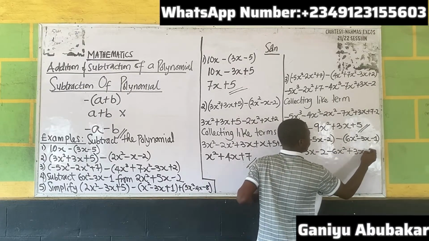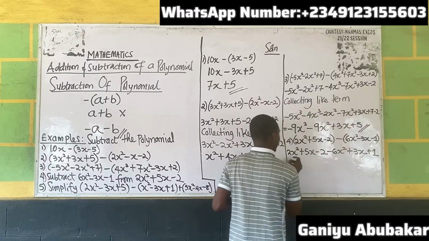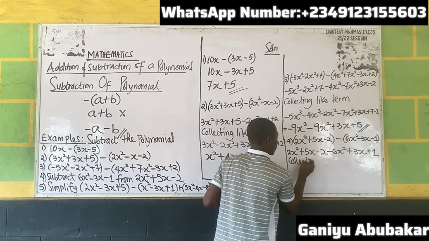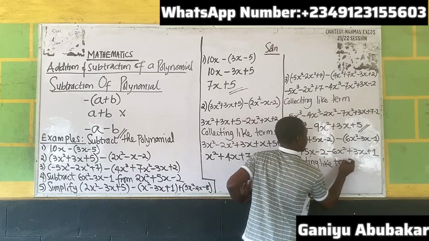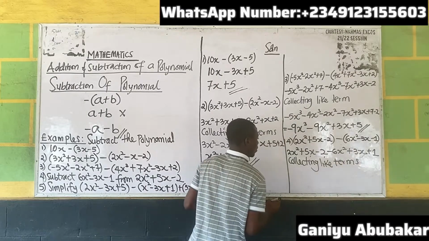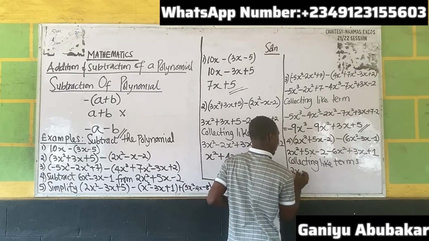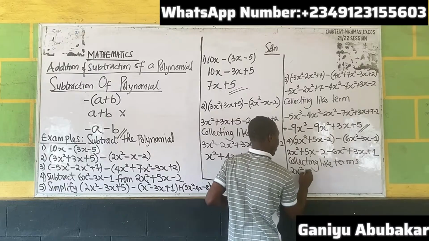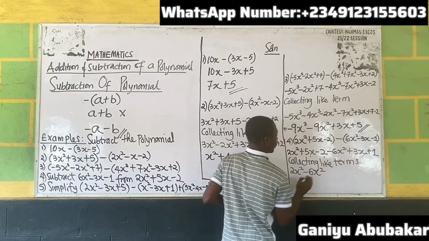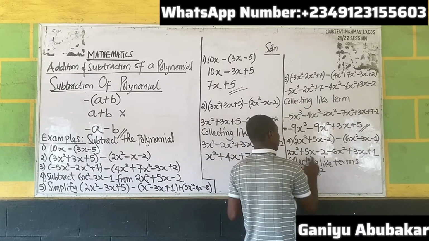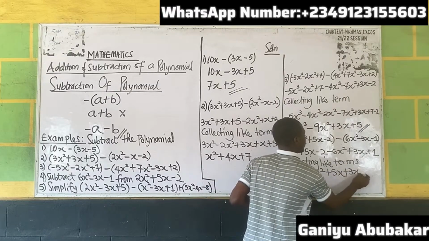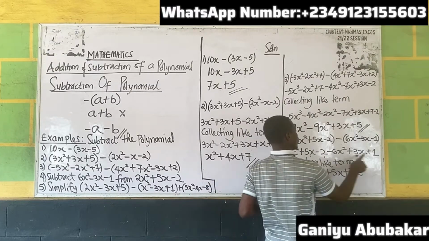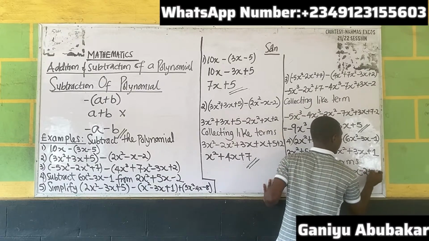Minus times minus 1 gives you plus 1. So collecting like terms, that gives you 2x squared minus 6x squared done, plus 5x plus 3x done, then minus 2 plus 1.